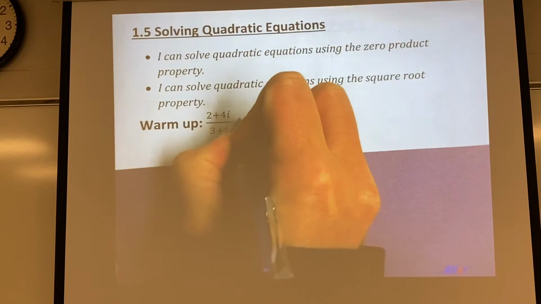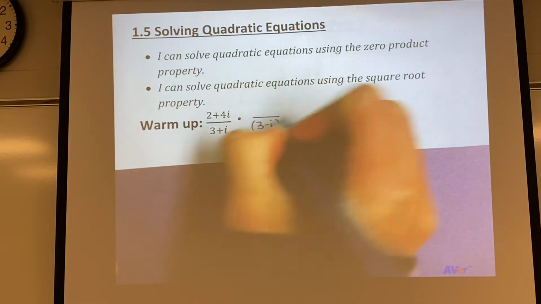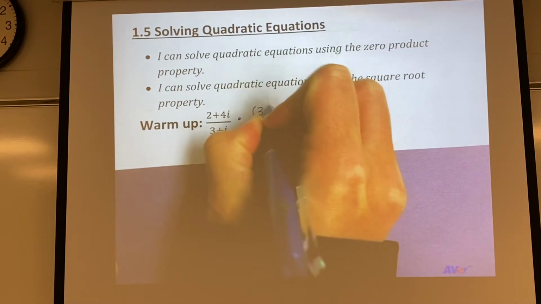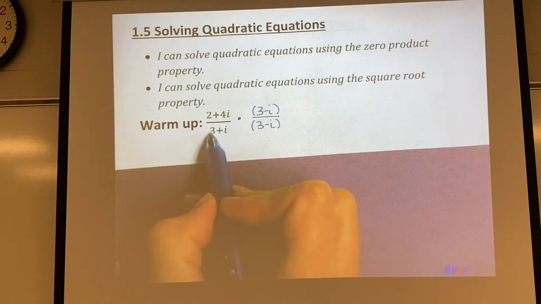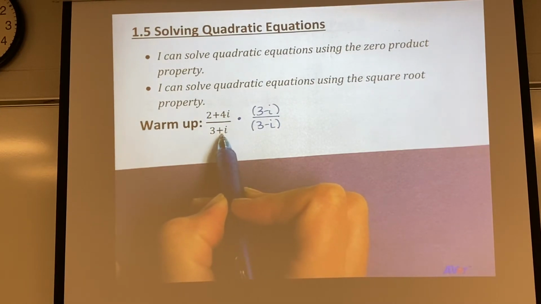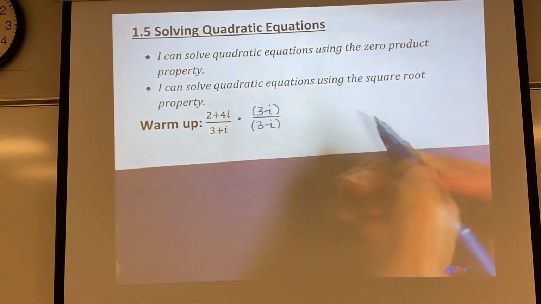All right, so the first thing we should do when we're dividing is to multiply by the conjugate in both the numerator and denominator. Conjugate is keeping this first value, our real number, the same, changing the imaginary number to its opposite. So multiplying by 3 minus i.